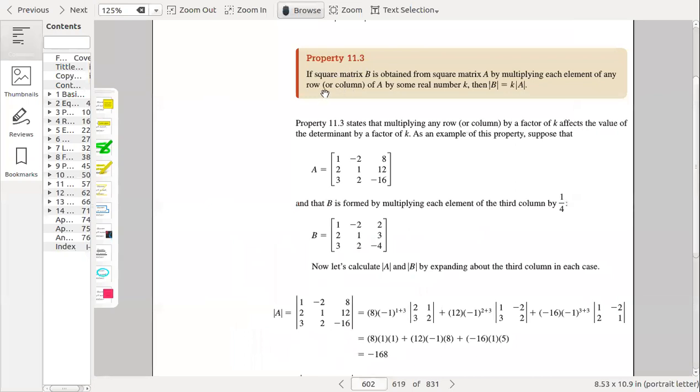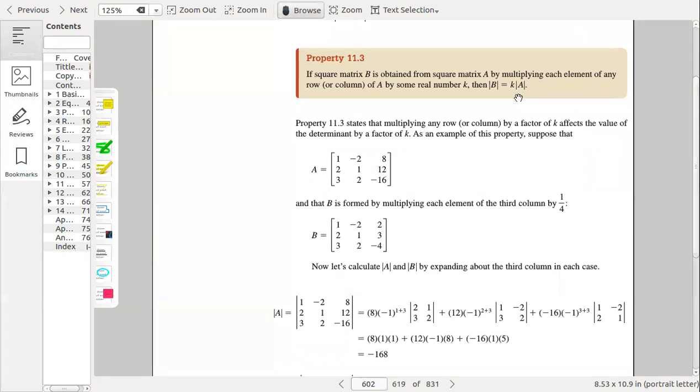Property third is, if square matrix B is obtained from square matrix A by multiplying each element of any row or column of A by some real number k, then the determinant of B is the determinant of A multiplied by k.